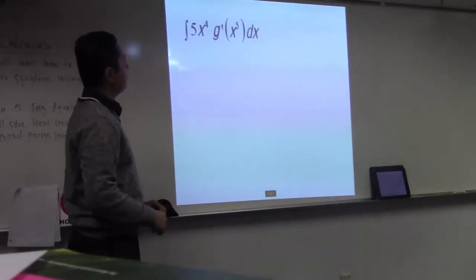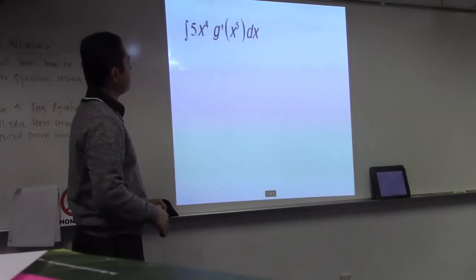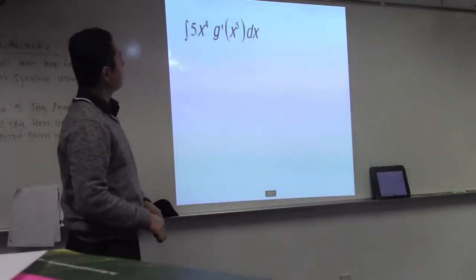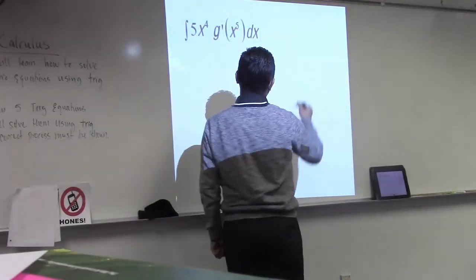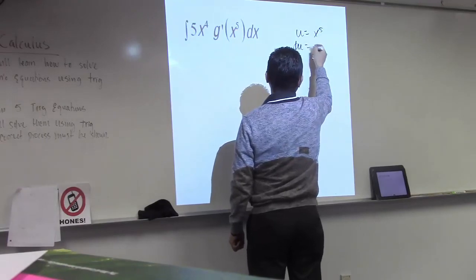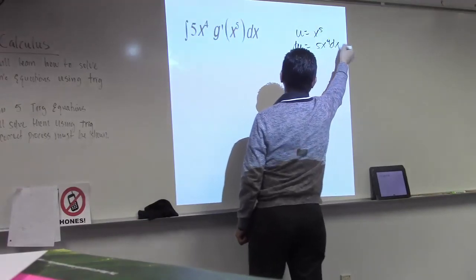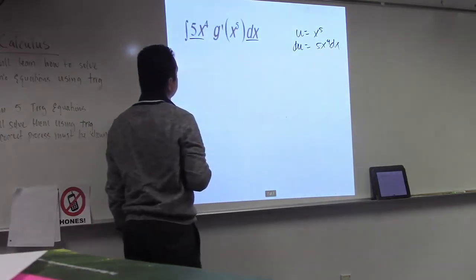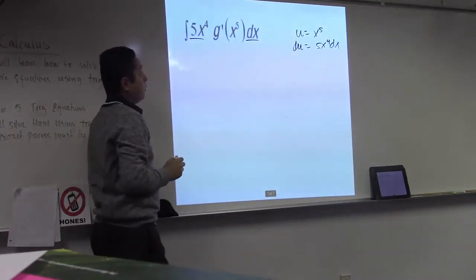The technique will still be tested. What would you choose as your u here? X to the 5th. So du equals 5x to the 4 dx. Yeah. So there's 5x to the 4th, and there's the dx. So those two combined is a du.